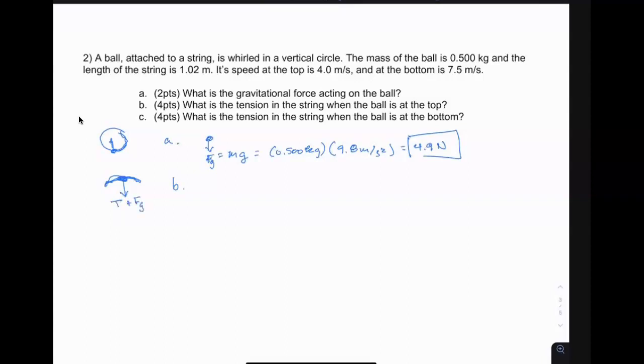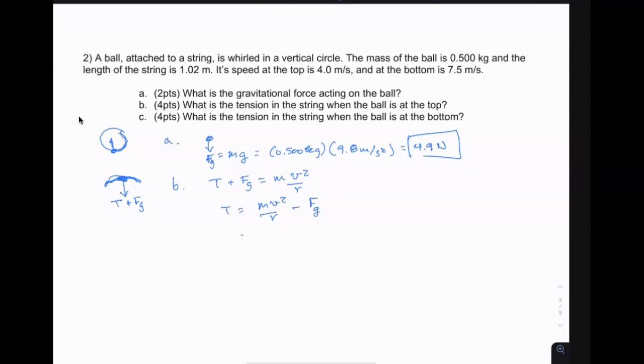So that's the net force acting on the ball at that particular instant. So T plus F sub g is equal to mass times acceleration, or mv squared over r. So at the top, the tension is equal to mv squared over r minus F sub g.